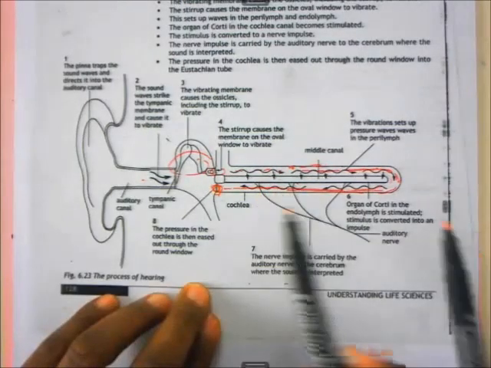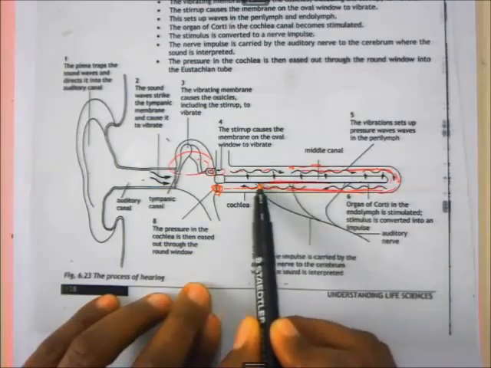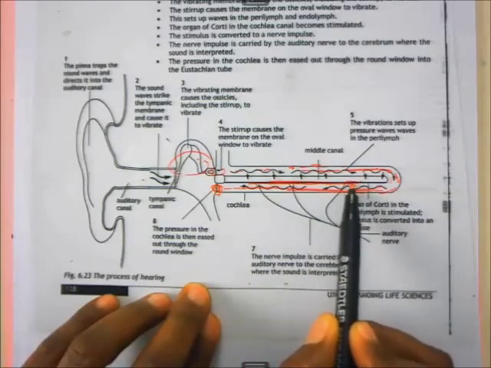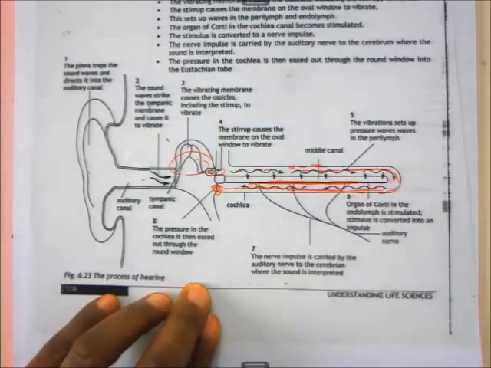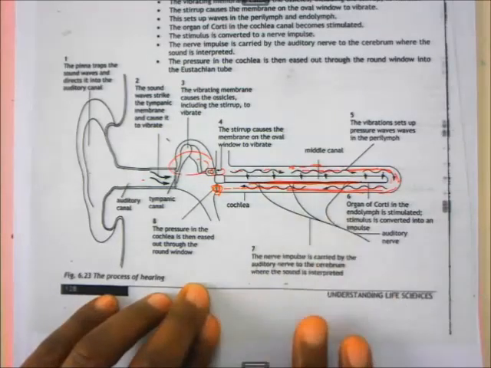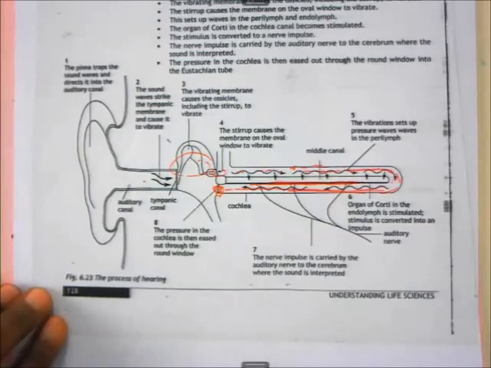So here we do have what? We do have our organ of Corti, which is the receptor that plays a role in converting sound stimulus into an impulse. So now let me just quickly explain how hearing takes place.